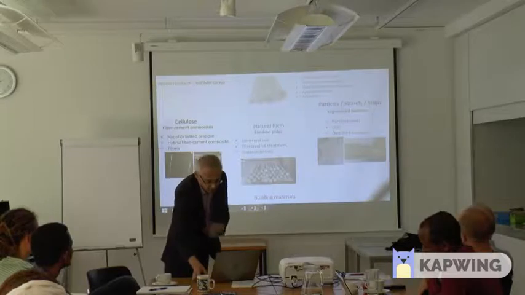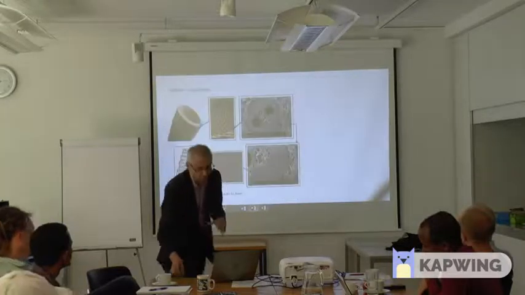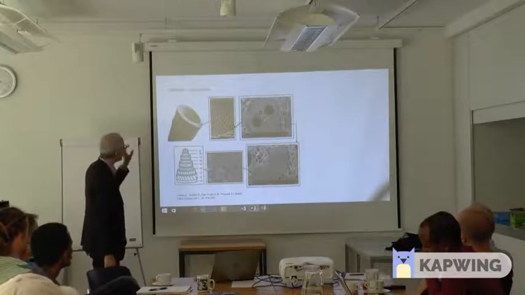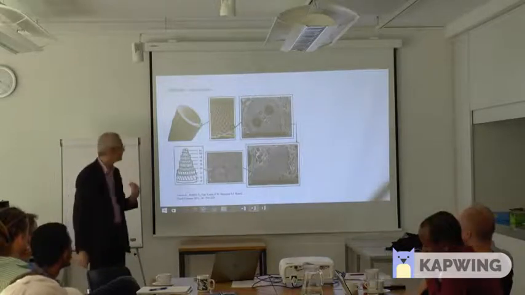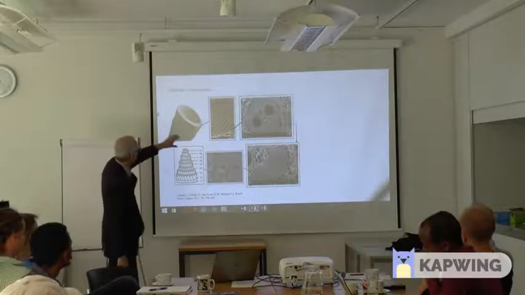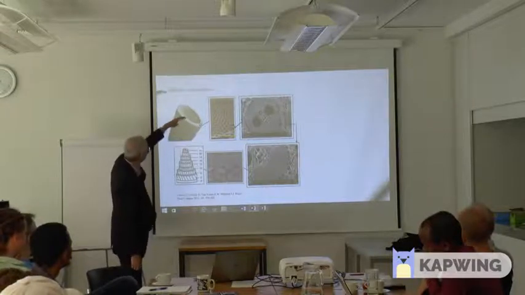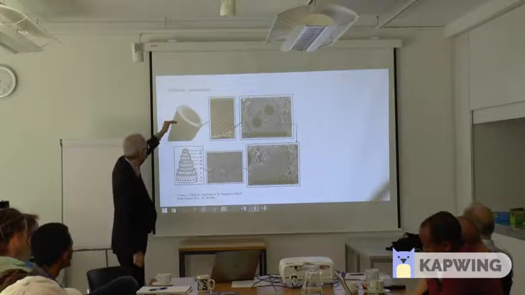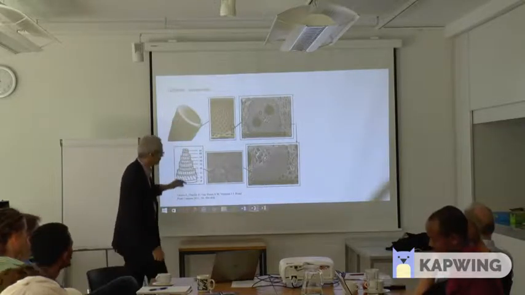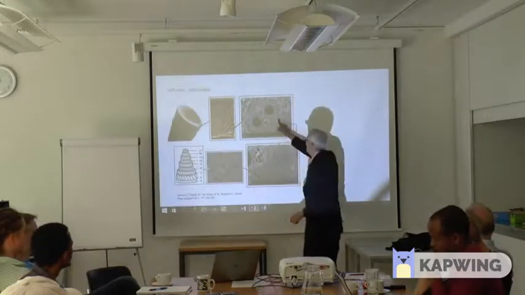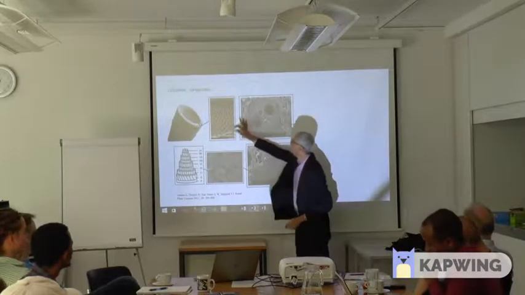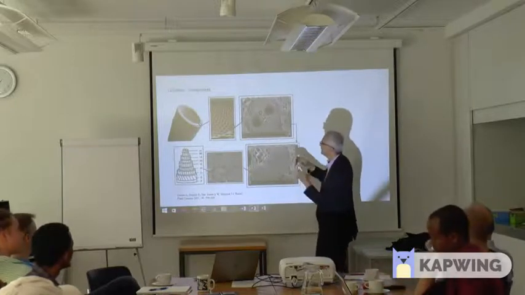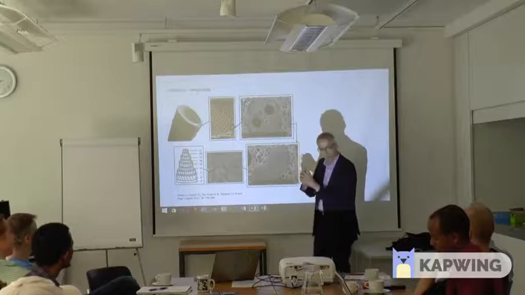So just a very brief overview about the use of the fiber itself. So we can extract from bamboo, and we see that's a smart material because of the concentration of fibers in one of those, let's say, vascular bundles.